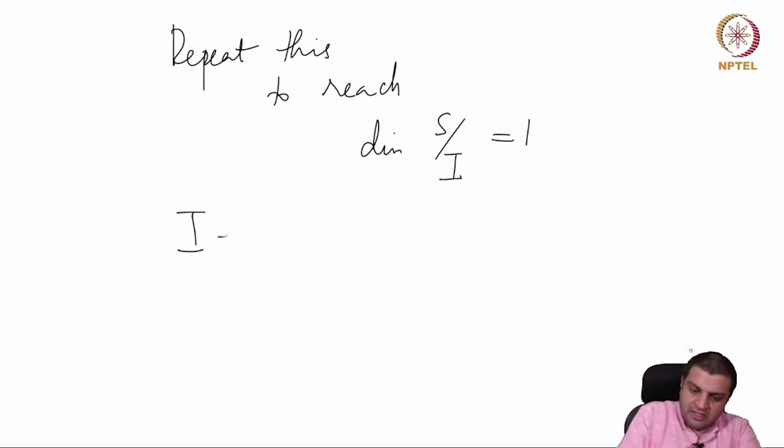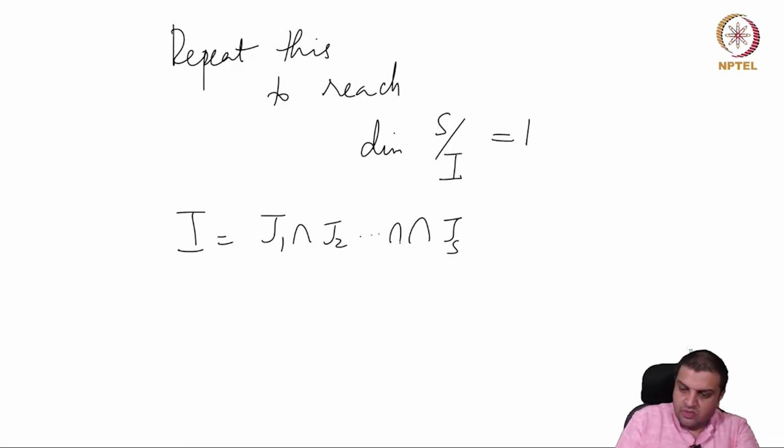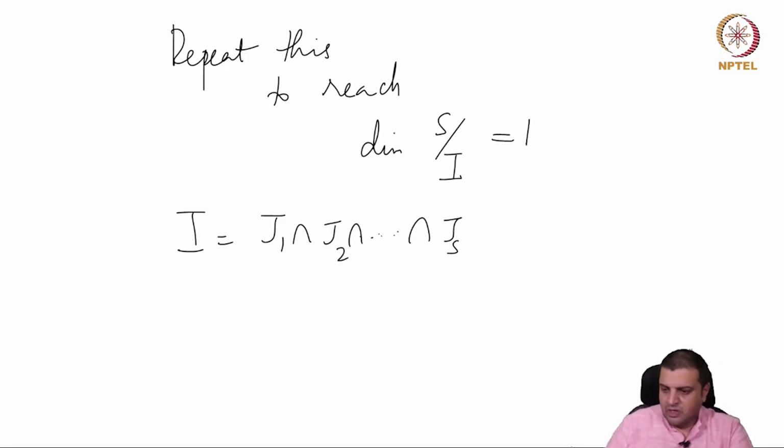So now we write I as J1 intersect J2 through intersect Js, and again without loss of generality the maximal ideal need not be associated to this.